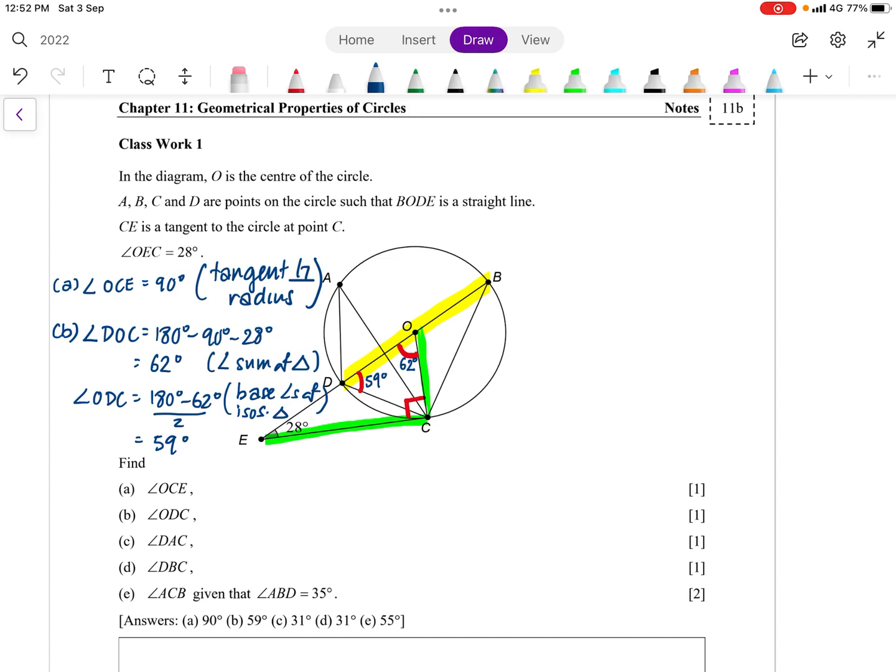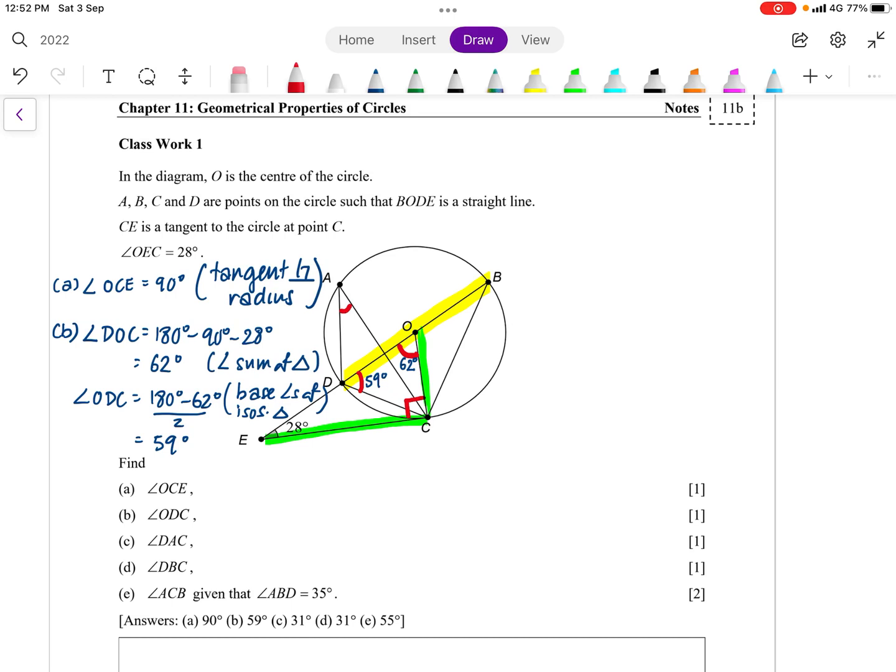Now angle DAC. Okay, now they want this angle. We have used tangent perpendicular to radius, angle sum of triangle, base angle of isosceles triangle.